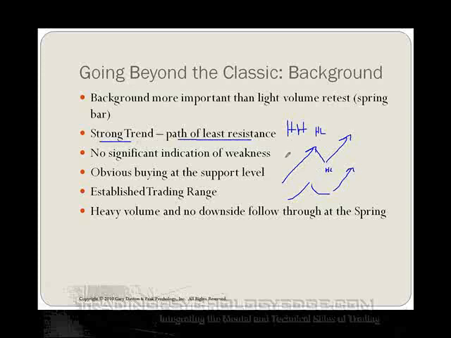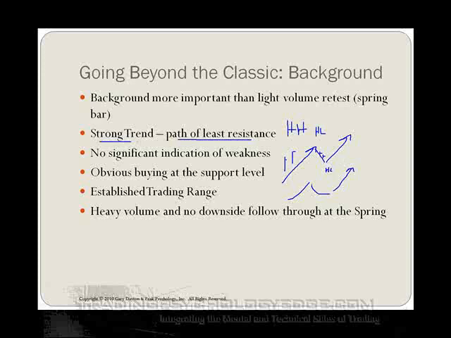The other thing we want to see is wider spreads on the up move, narrower spreads or ranges on the down move. This is classic Wyckoff trending characteristics. Higher highs, higher lows, wider spreads, increasing volume on the upside, narrower spreads, decreasing volume on the downside.